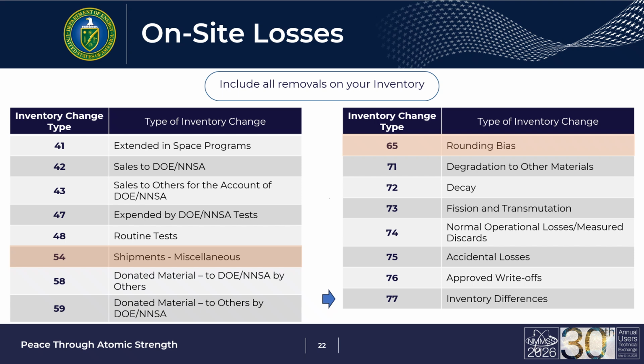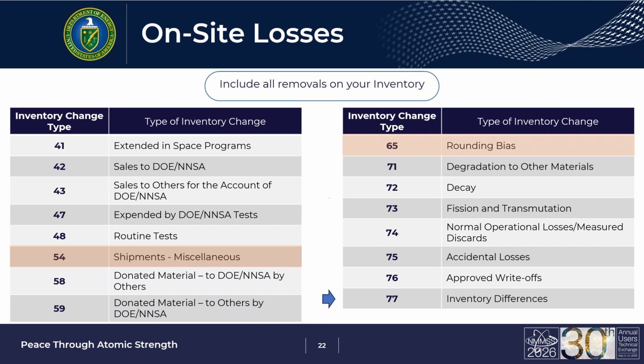An easy reference for interpretation of inventory change types is that if the numeric code is less than 40, by nature, the quantities listed on the line on the Form 741 represent an inventory gain. If the numeric code is greater than 40, by nature, the positive quantities listed on the Form 741 line represent a reduction in inventory.